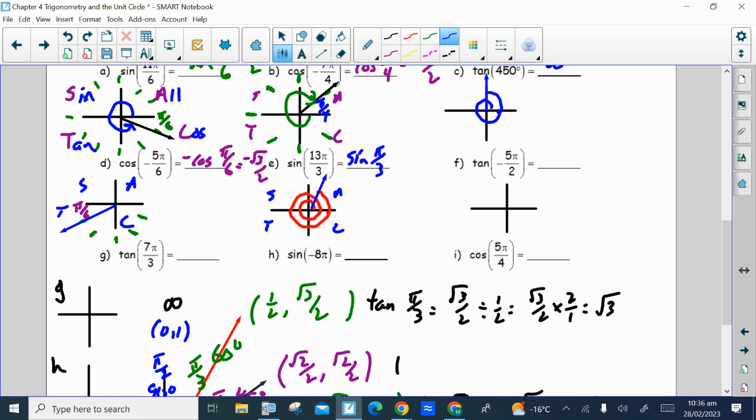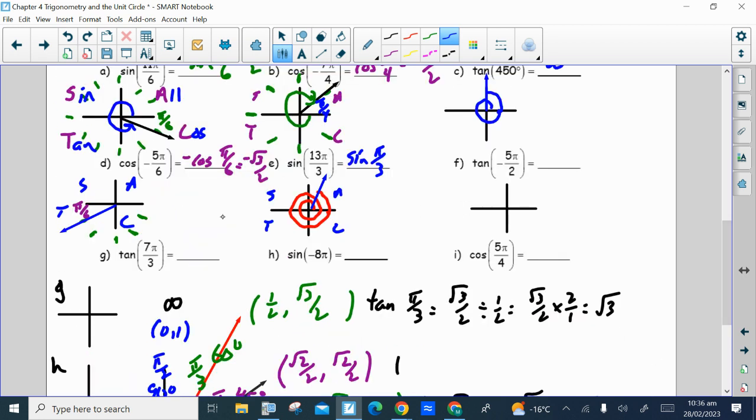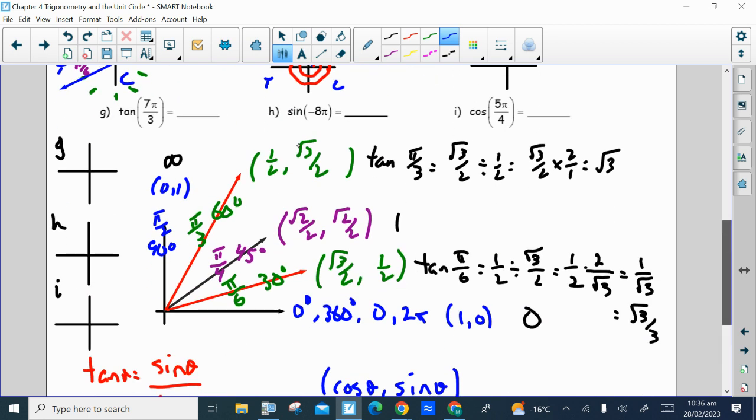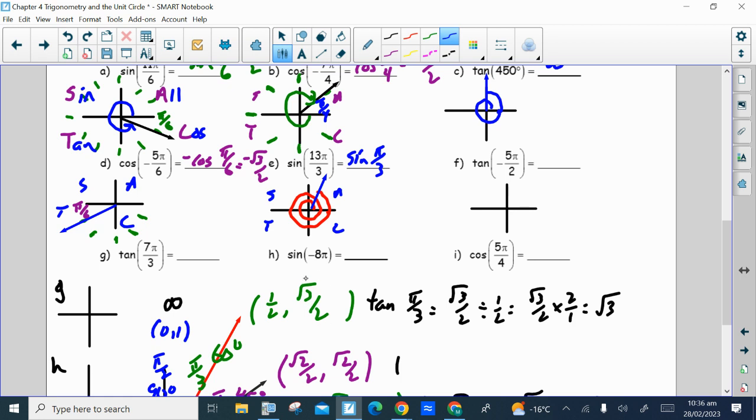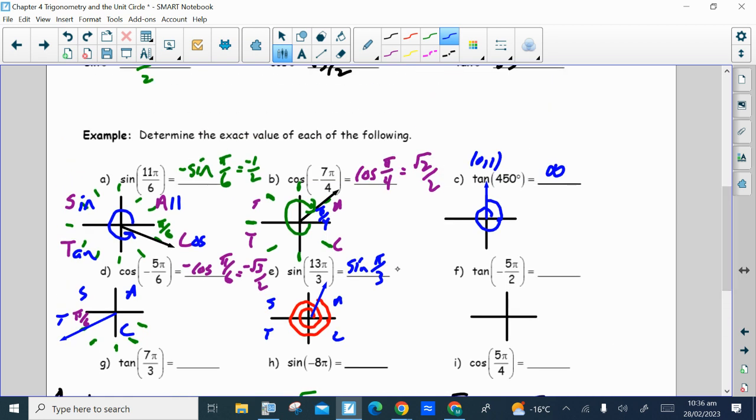The rotation angle is a multiple of pi on 3, so our reference angle is pi on 3. And we can look on our unit circle and see that at pi on 3, the sine, which is the second number, the y value, is root 3 over 2. So this will equal positive root 3 over 2.